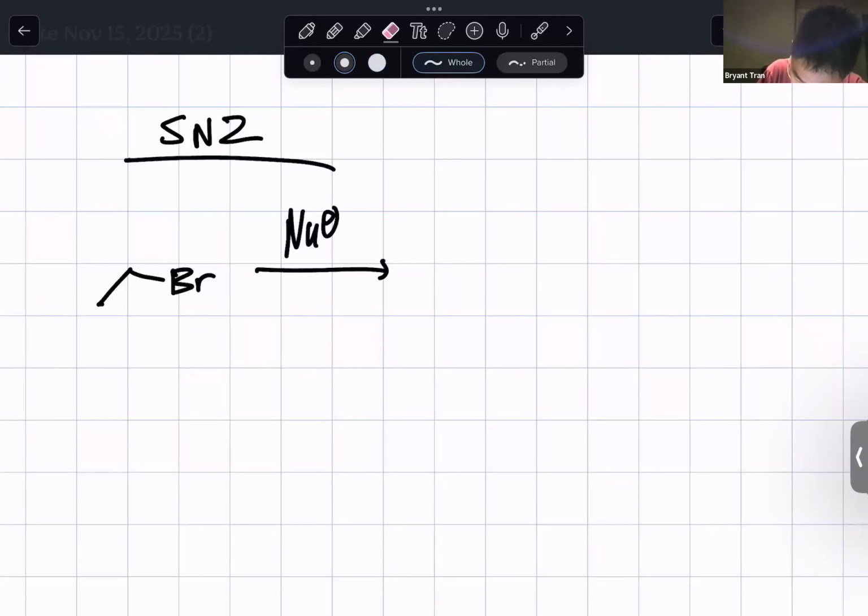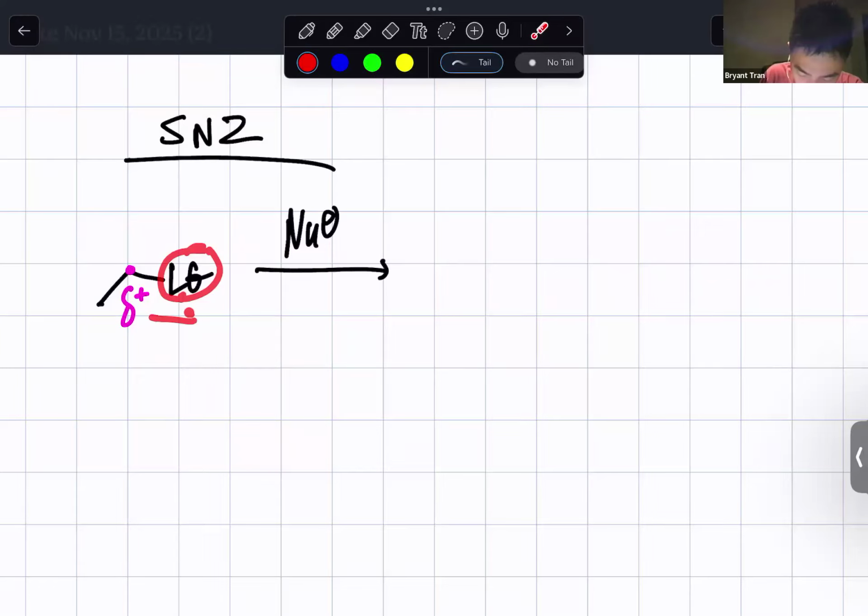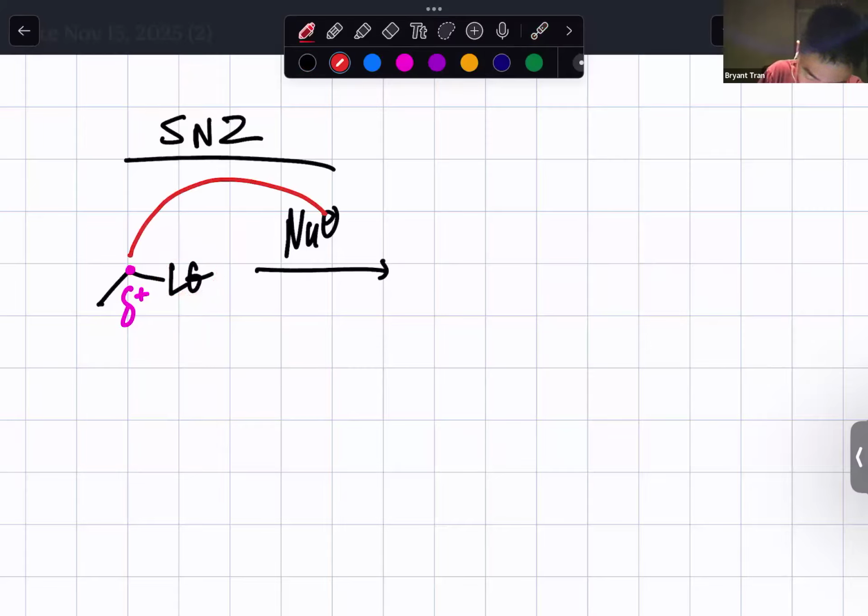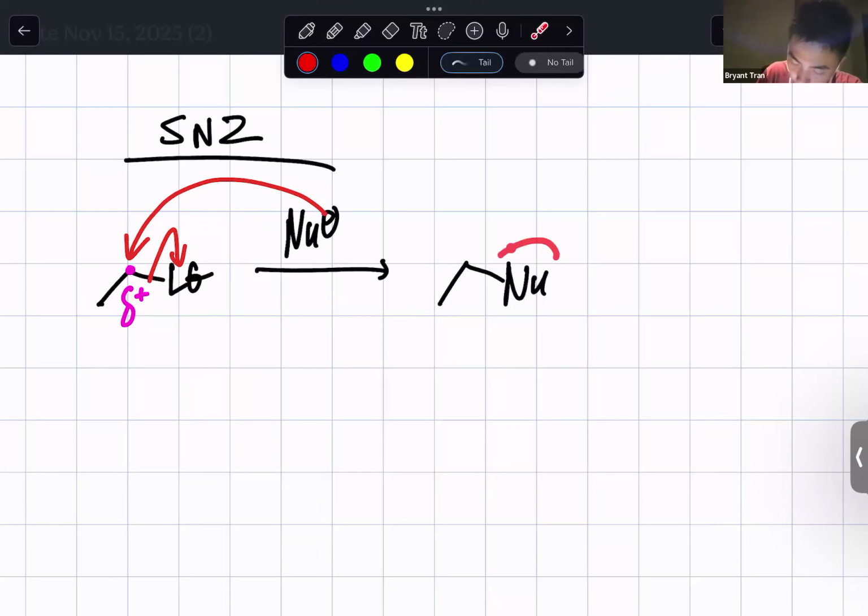Let's make this general. And then we know that this carbon here is going to be partial positive because the leaving group is going to tend to be an electronegative atom, like bromine or chlorine, making that carbon partial positive, the electrophile. This nucleophile is going to attack that electrophilic carbon, kick out the good leaving group, and substitute that leaving group with the nucleophile, whatever that nucleophile is.